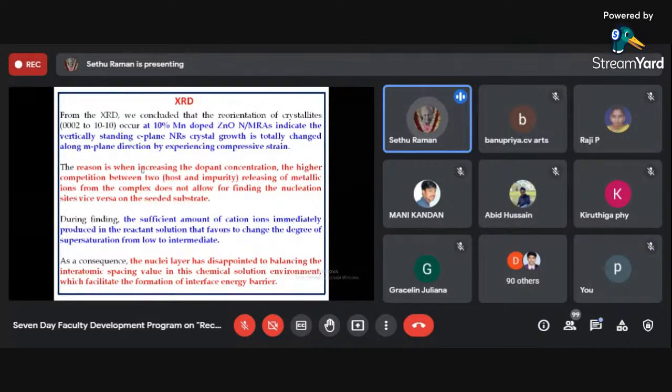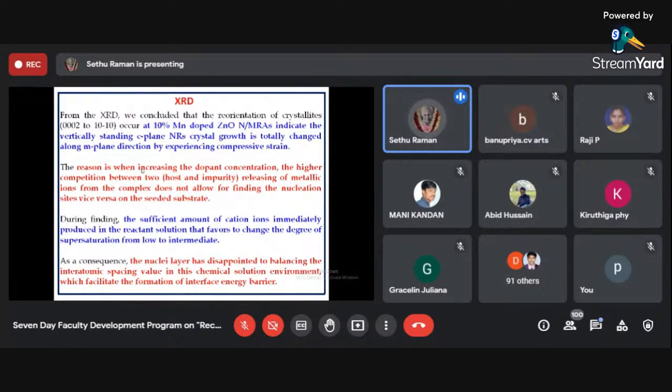The reason is that when increasing the dopant concentration, there is higher competition between the host and impurity ions, and the release of metallic ions from the complex does not allow finding the nucleation site on the seeded substrate. A sufficient amount of cations is immediately produced in the reactant solution, which changes the degree of supersaturation from low to intermediate and from intermediate to high.